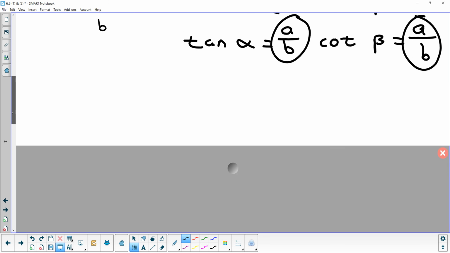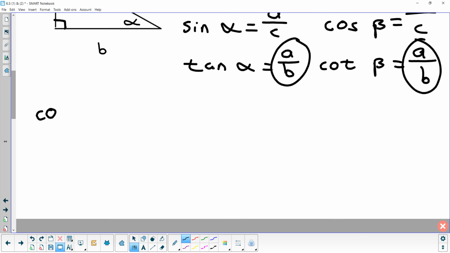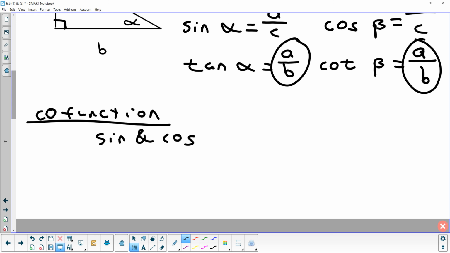When you put co in front of a trig function, that's called a cofunction. There's three pairs of cofunctions. That's one. Sine, cosine, tangent, cotangent. That's two. Secant, cosecant. That's three.